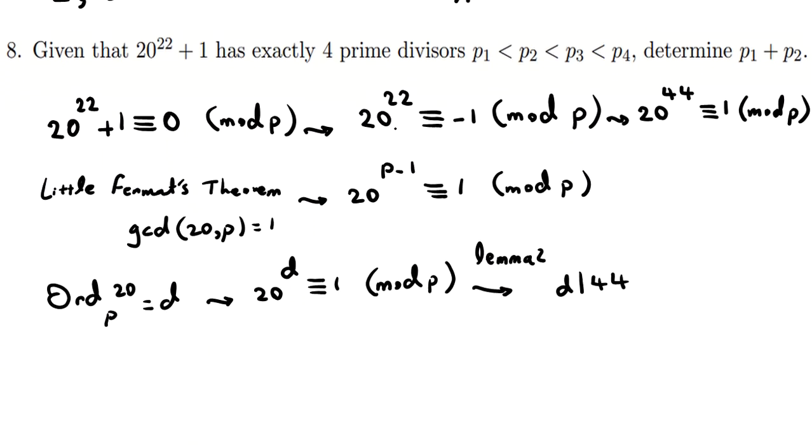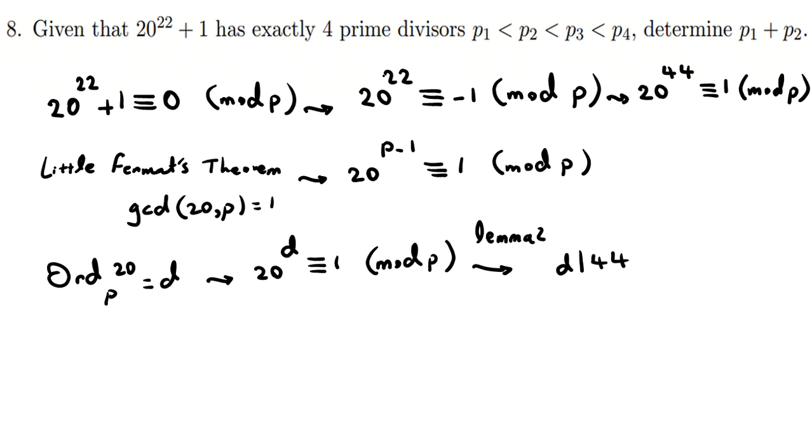And now we know 20 to the power of 22 is not 1, it is negative 1. So if D divides 22, then 20 to the power of 22 will be 20 to the power of D, for example, cubed, and then it is congruent to 1 mod P. And that's a contradiction. Why?